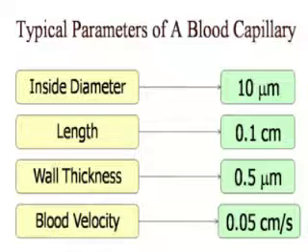And if we think about the typical dimensions for a blood capillary, as shown on the screen, we find that Allah God Almighty designed the blood capillaries to have an inside diameter of 10 micrometers, a length of 0.1 centimeter, a wall thickness of 0.5 micrometer, and a blood velocity of 0.05 centimeter per second. So these are the typical parameters of a blood capillary.